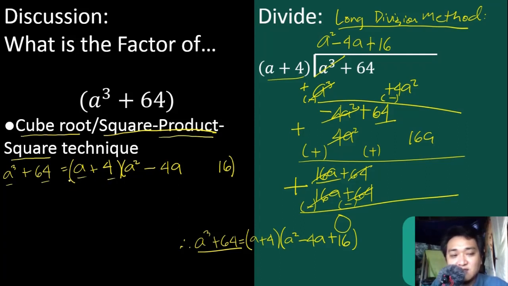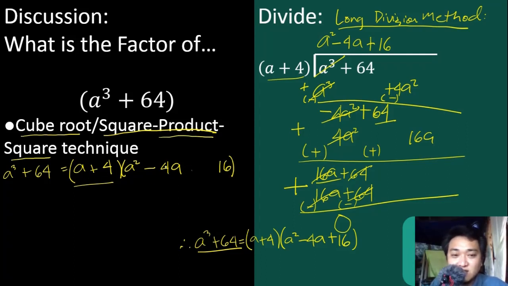And then, tinakpan muna natin itong si a cube plus 64. Mas pinagtuunan natin ng pansin itong si a plus 4. Kinuha natin yung square ni a, a squared. Kinuha natin yung square ni 4, that is 16. At saka kinuha natin yung product ni 4 at saka ni a, that is 4a.